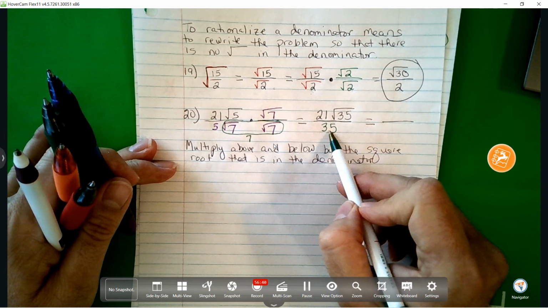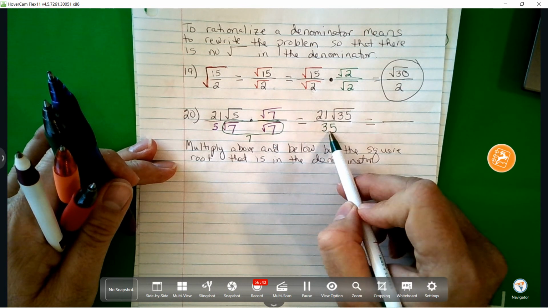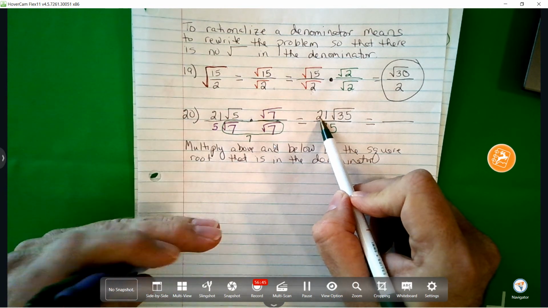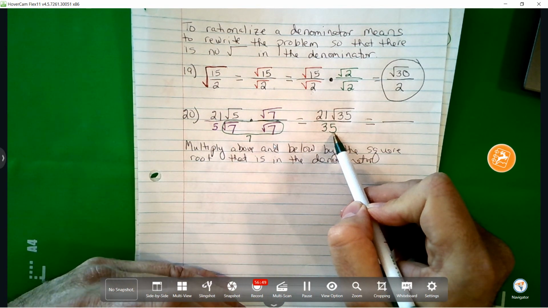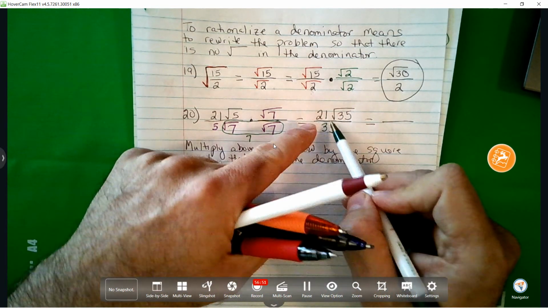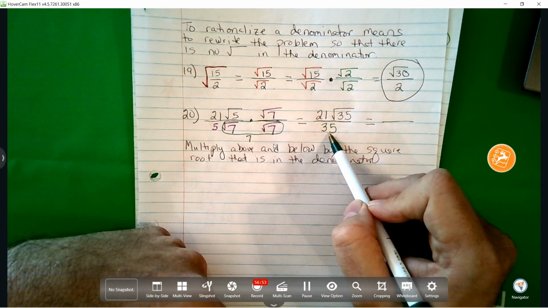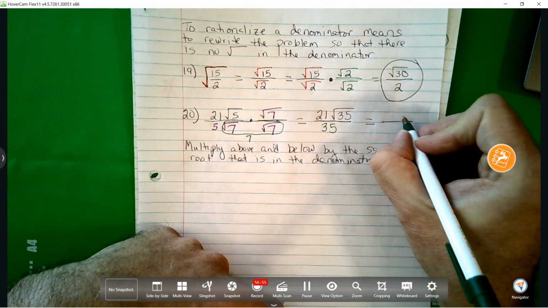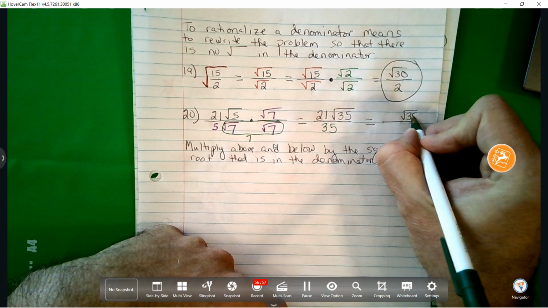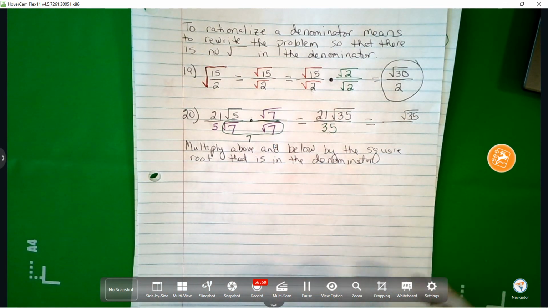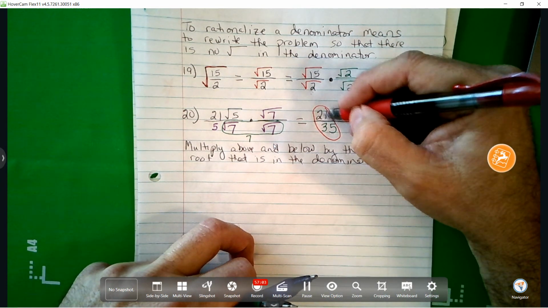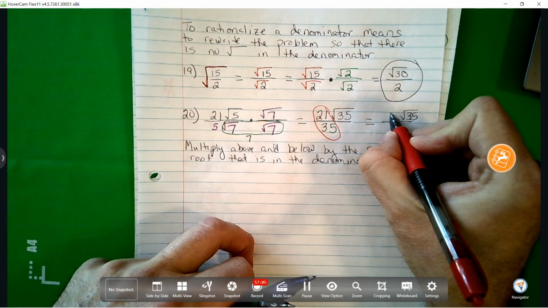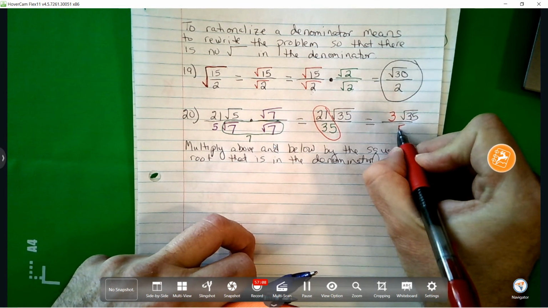Let's see, well, 7. 21 divided by 7 would be 3. 35 divided by 7 would be 5. So I'm reducing this fraction, 21 over 35, by dividing above and below by 7. So that would be a 3 and a 5.